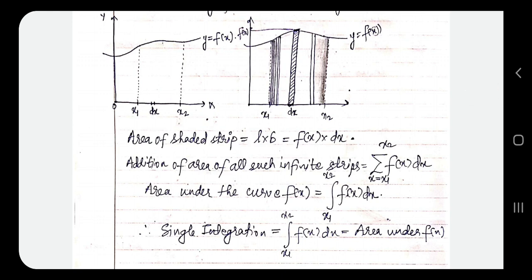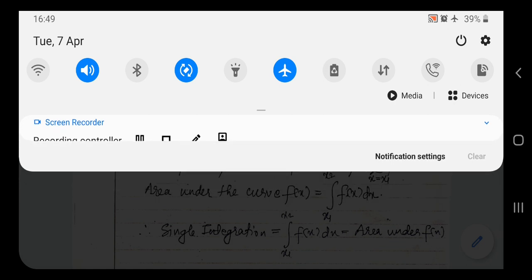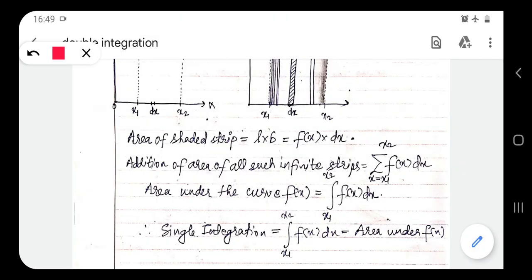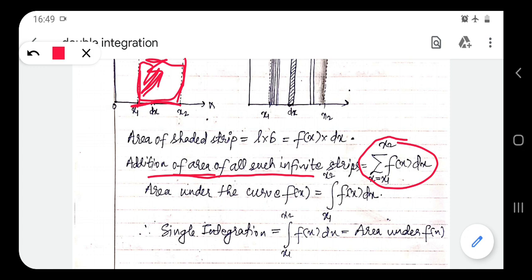Like that, I can take infinitely many strips which approximate this region, the region under that curve, x is equal to x2, x is equal to x1, and the x-axis. So I am going to add the area of all such infinite strips. It becomes the summation of f of x into dx.